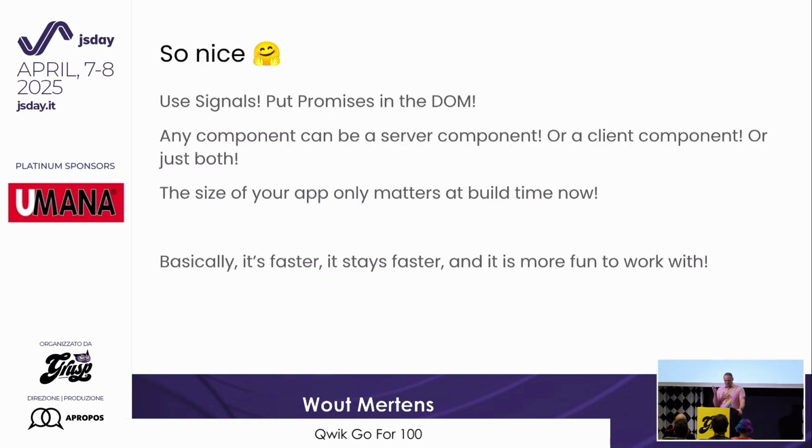I go through it and find all these amazing features, like signals. You can just put promises in your DOM. Anything can be a server component or a client component, like who cares? And nothing impacts the size of, so your application is just fast. You don't have to worry about it anymore. Here is something where the cost benefit did seem good. You have something that's fast, stays fast, and it's more fun.